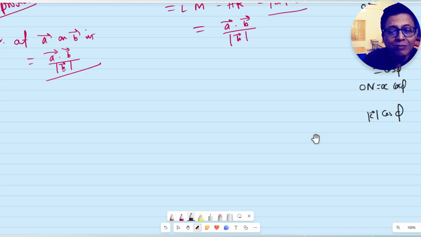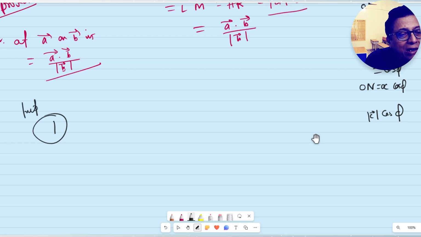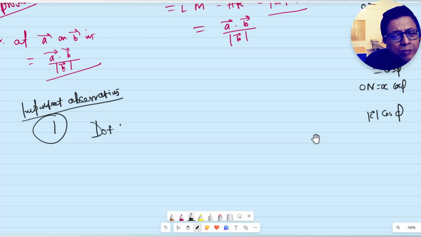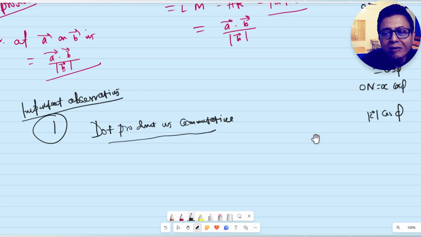What are those observations? Number one, we are writing this as important observations. Number one, dot product is commutative.